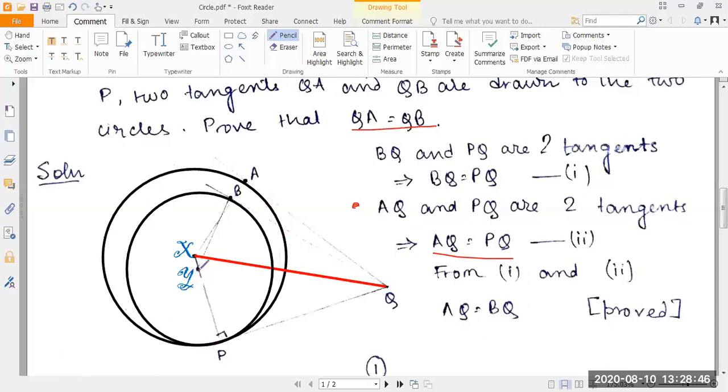So BQ and PQ are also two tangents, which, using the theorem I proved earlier, means BQ is equal to PQ. Now, look at equation 1. It says BQ is equal to PQ. Again, look at equation 2. It says AQ is equal to PQ. So it's like saying BQ equals PQ equals AQ. So from these two equations, I can conclude that AQ equals BQ.